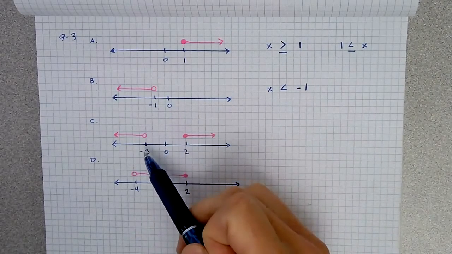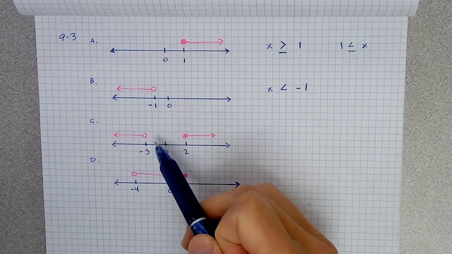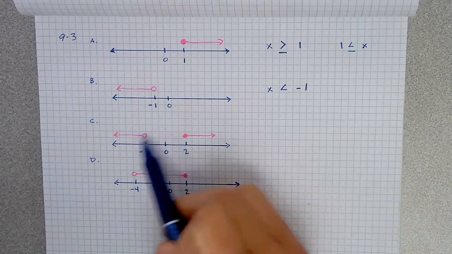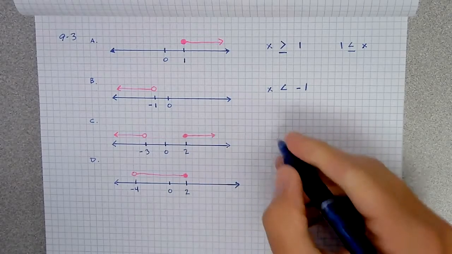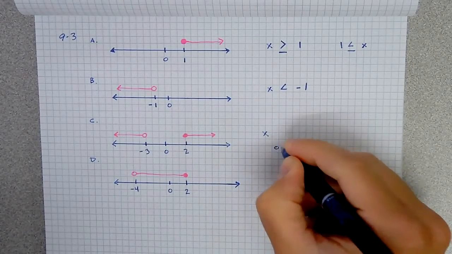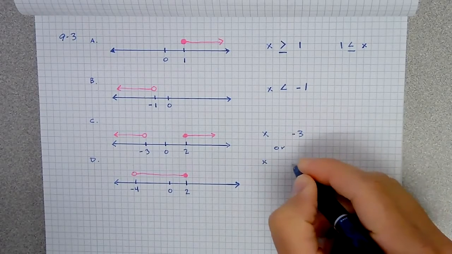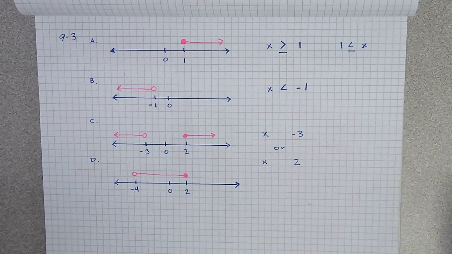Okay, letter C. Is this going to be an and or an or? Or, right? Oars of a boat. All right, so we know we're going to have an x or another x. So we got our two boundary points of -3 and 2.